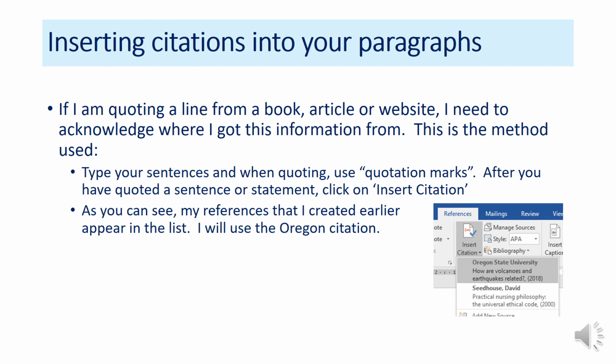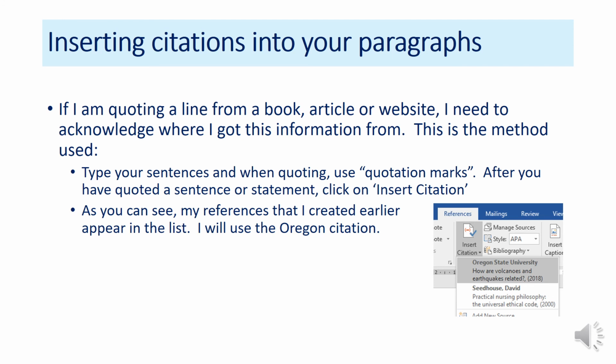So what happens is, let's say I was doing the research on volcanoes and I wanted to type a sentence out, but I wanted to add some information directly from the website. I need to use quotation marks on what it is that I'm adding. So I might have copied and pasted a line, and that's fine as long as you're referencing it and you're giving reference to whoever wrote it.